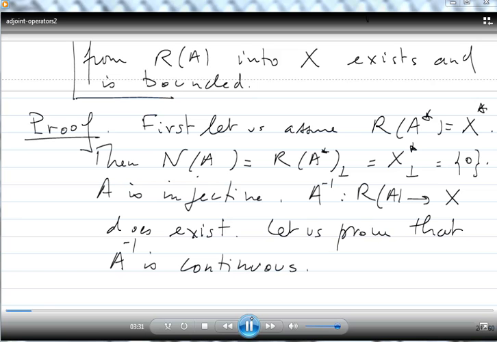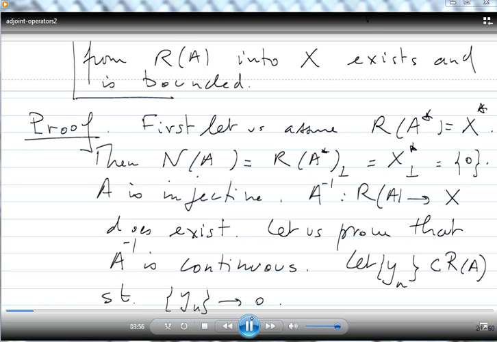Let yn in R of A be such that yn goes to 0.